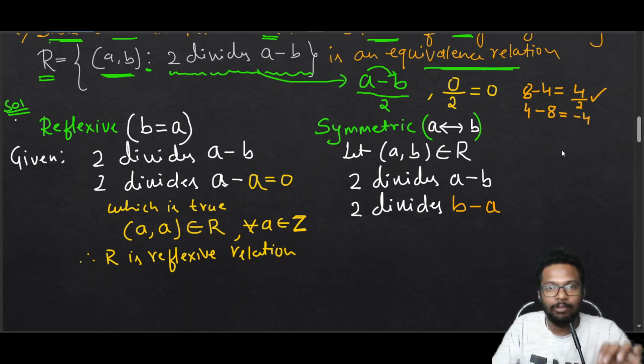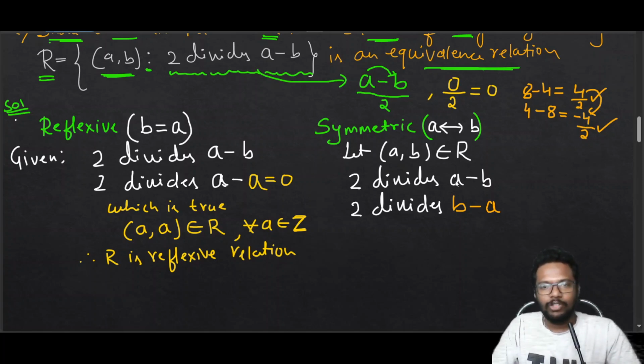If we interchange the values A and B, the sign changes between negative and positive, but the value 4 remains the same. So minus 4 is also divisible by 2.